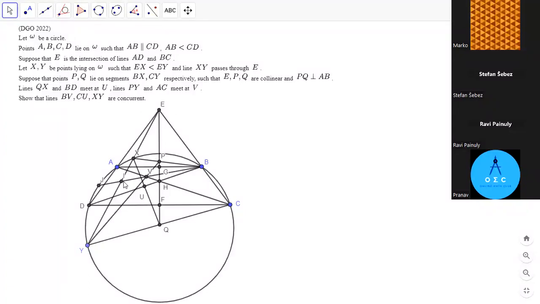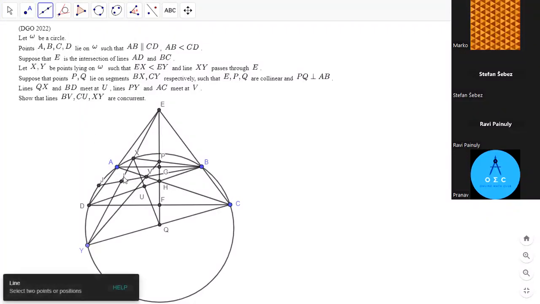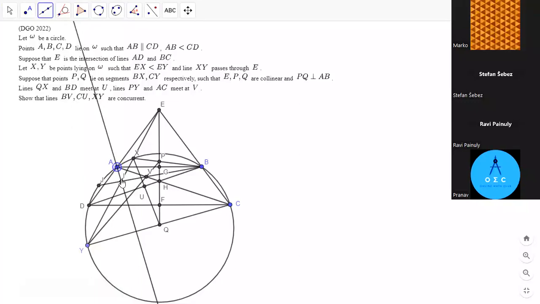Okay, so EXIY. We could try projecting those through A onto the circle. I wonder, yeah. I thought maybe that might be the midpoint, but no. Let's see, is there anything special about point K? I don't think so.